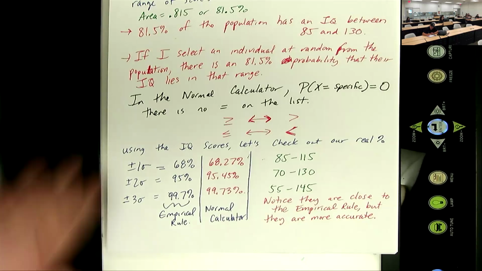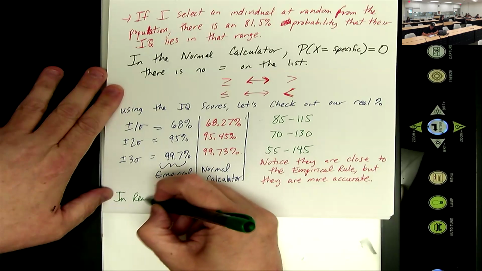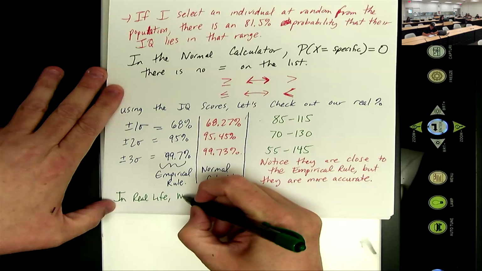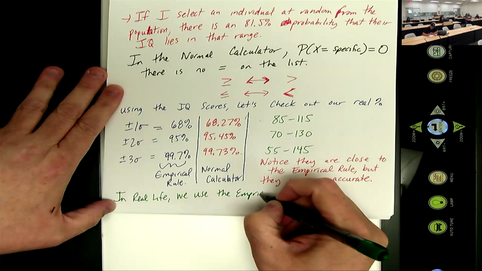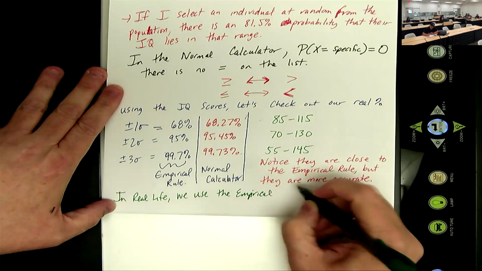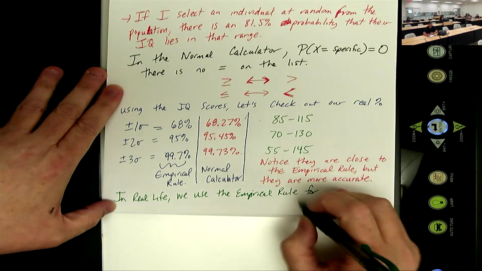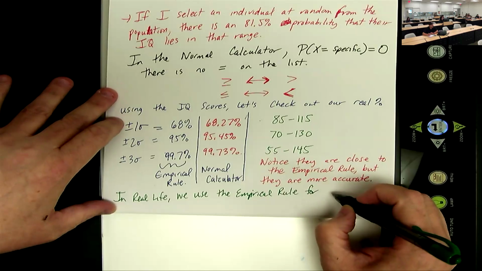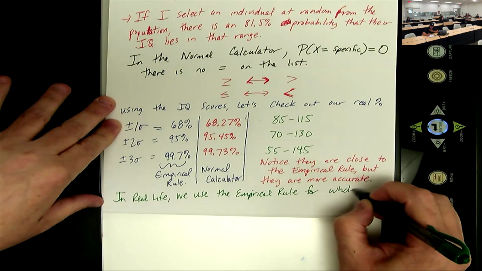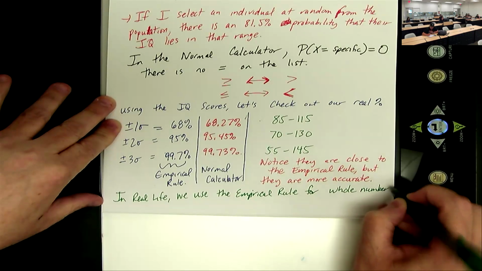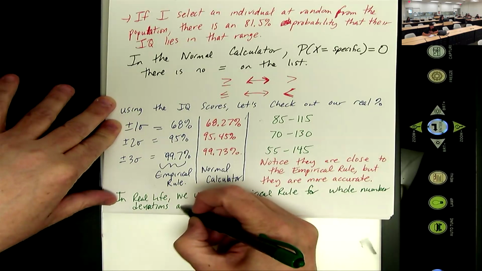In real life, we use the empirical rule for a quick check that doesn't need a table, or for whole number deviations away from the mean.